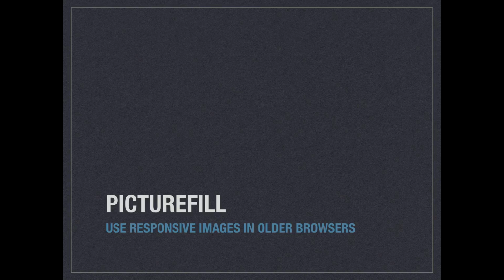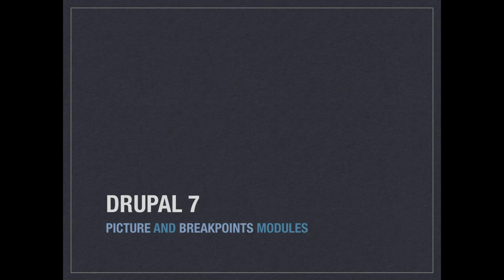So the cool thing is that Drupal helps to take care of a lot of the manual labor that you might need to do. So in Drupal 7, there's the picture and the breakpoints modules. And with those modules, you can set up all the things that you'll need to do to make this work.